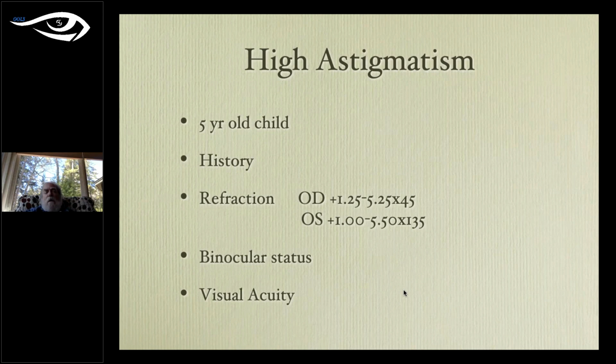I don't know if people know about the Teller acuity cards or the preferential looking test that is used in mostly laboratory and a little bit of clinical settings to measure visual acuity of infants. A series of black and white stripes, horizontal or vertical, you can orient them in different ways.